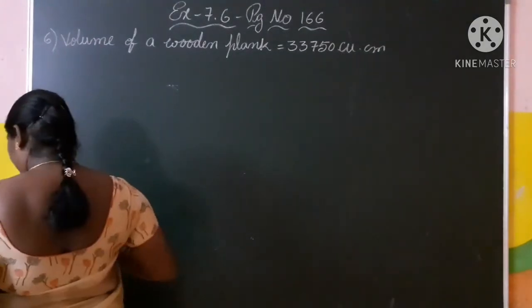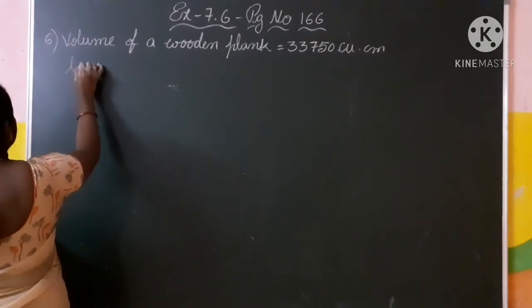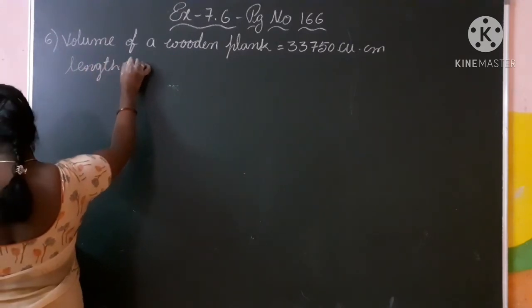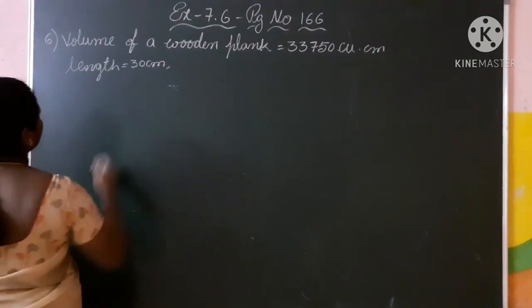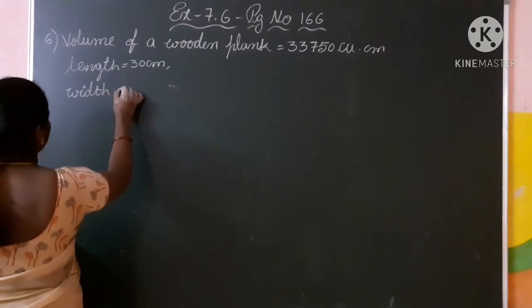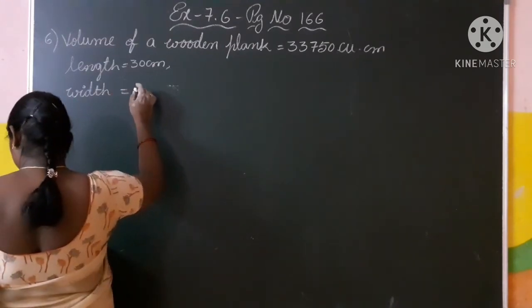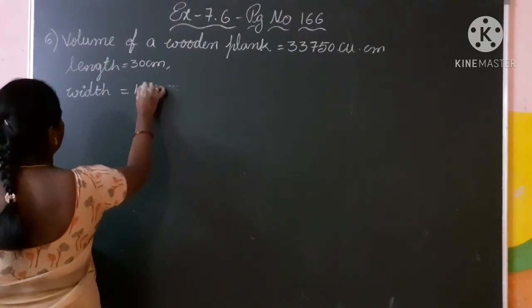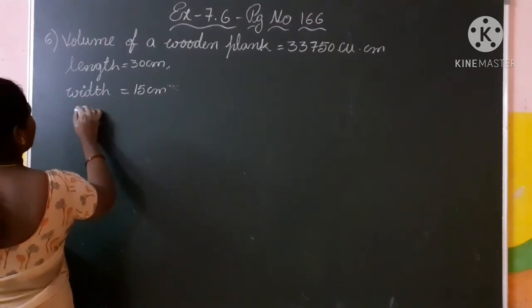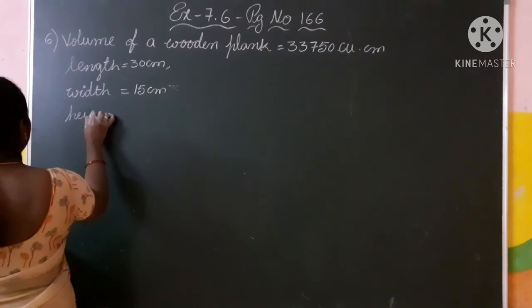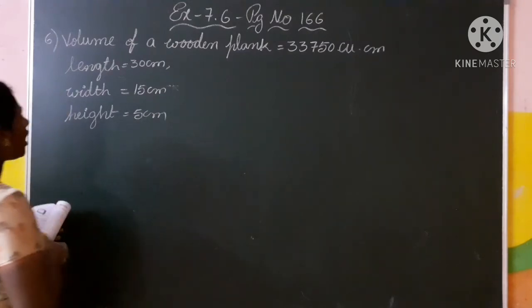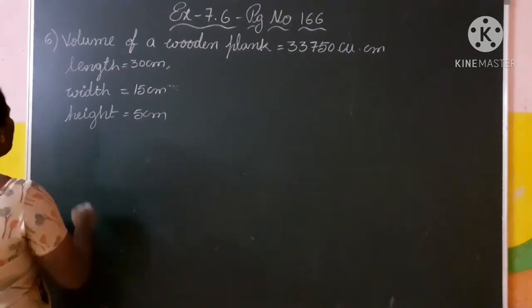The length of each piece is equal to 30 centimeters. Width is equal to 15 centimeters. Height is equal to 5 centimeters.